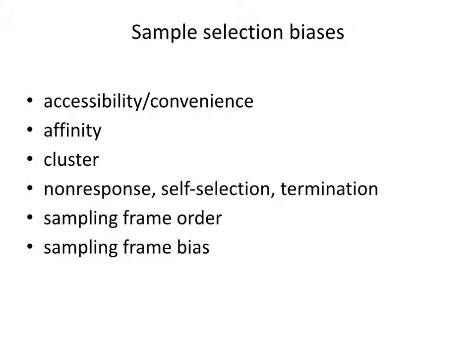And then sample frame bias, again, we've mentioned earlier, sample frames are rarely 100% of the population, and the way the sample frame is constructed or defined often will include some bias, whereby some types of people will be more accessible and more likely to be on the frame.